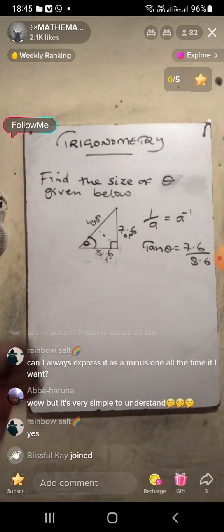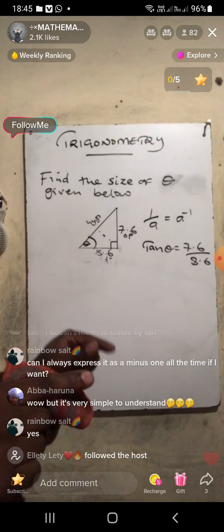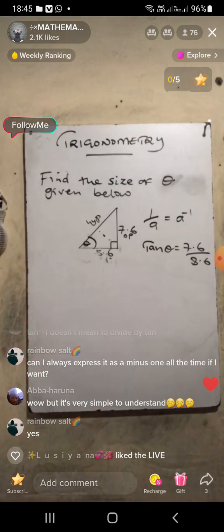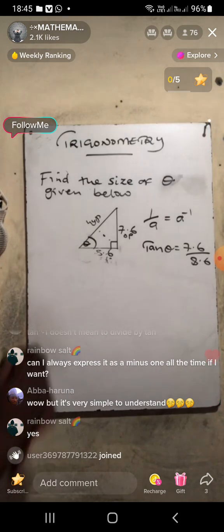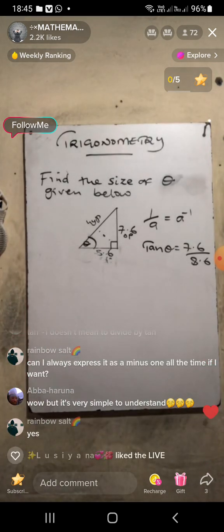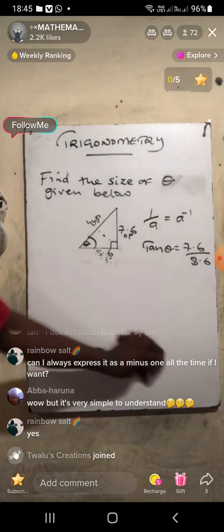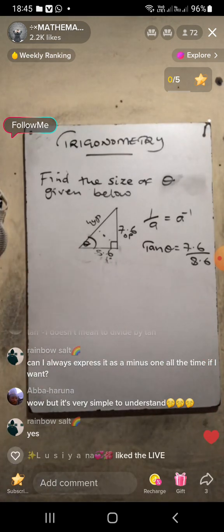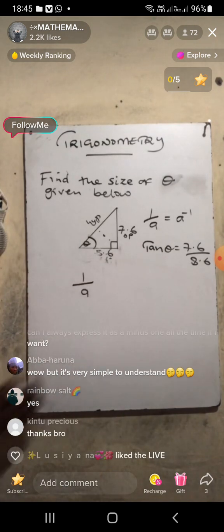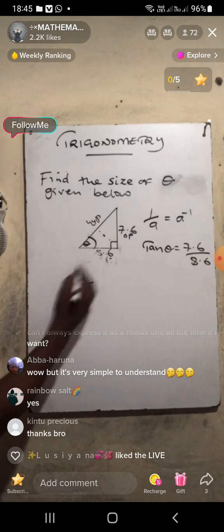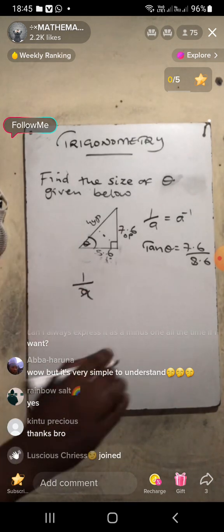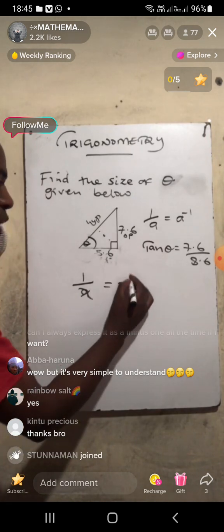This is why you even find me in other mathematicians' live learning, because we always learn every day. So if you just come in and say, no, it's not right, come on, are you sure? You need to back up your information. So let me explain: 1 over A or 1 over any number, 1 over X can be simply expressed as X to the power negative 1.